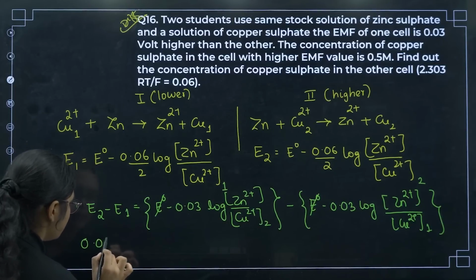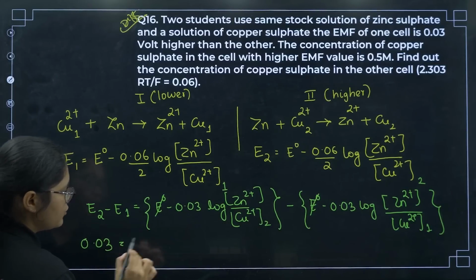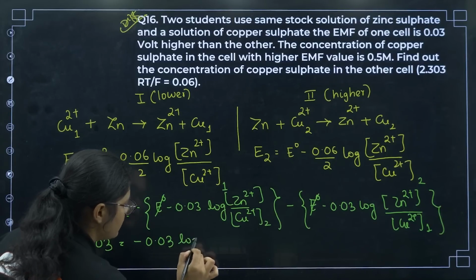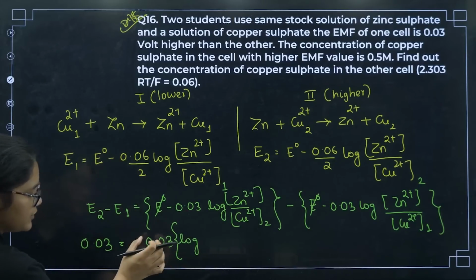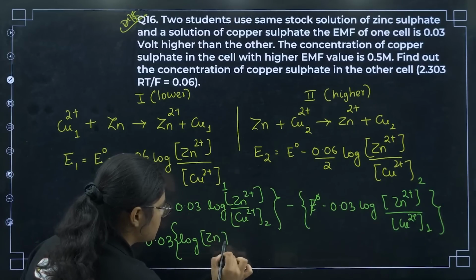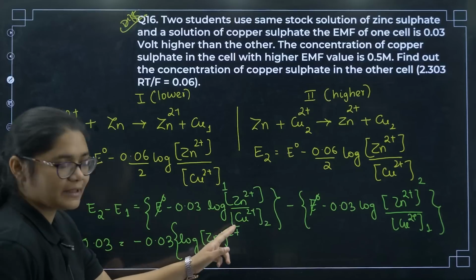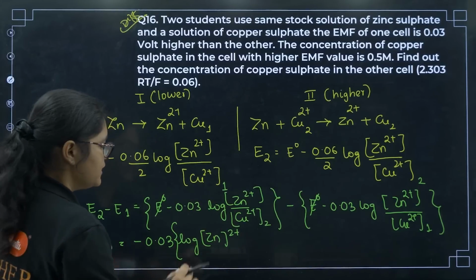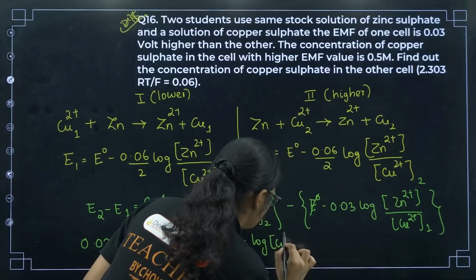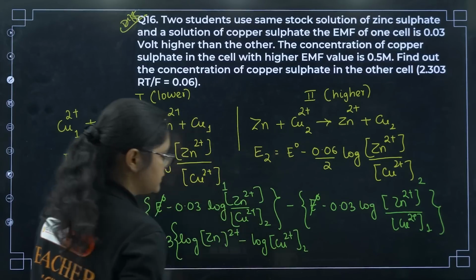Now if I further expand, this E2 minus E1 value is 0.03. So 0.03 is equal to minus 0.03 log, I'll take this minus 0.03 as common. Log A by B is what? Log A minus log B. So log Zn2+ minus log of Cu2 2+, the second one.